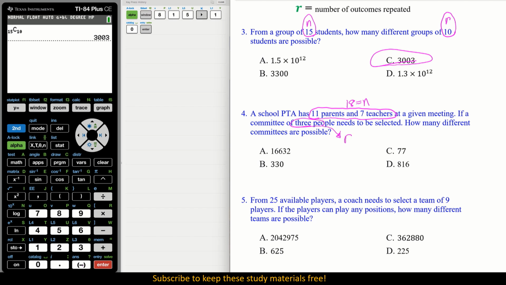Now that I talk to you about it, you realize there's some info in there to try to trick us. We really have a combination. They didn't say we're lining them up. They didn't say you need 2 out of the parents and 1 out of the teachers, or 1 out of the parents and 2 out of the teachers. That's not what they're saying. It's a combination in disguise.